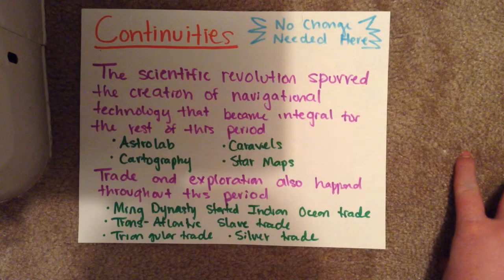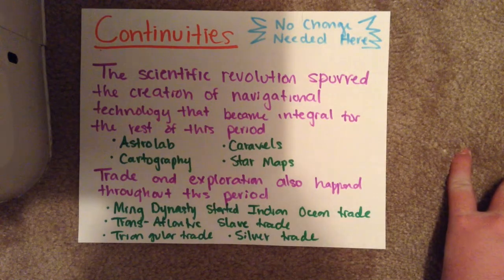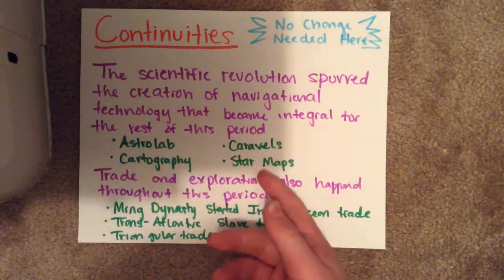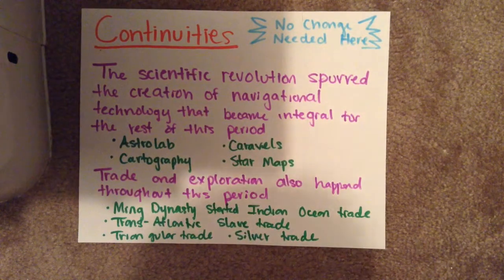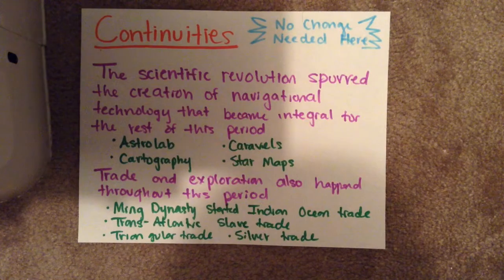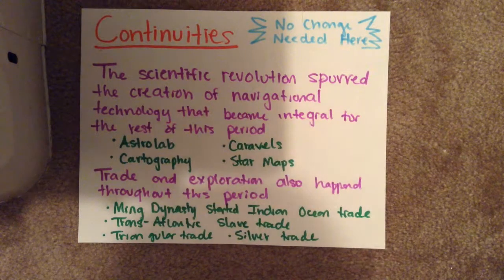Some of these inventions were the astrolabe, cartography, caravels, and star maps, and these sort of aided the explorers in navigating the sea.